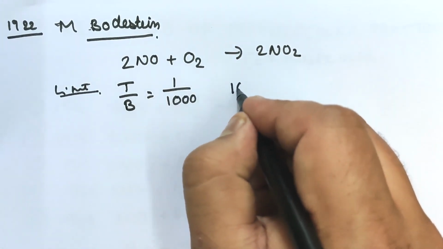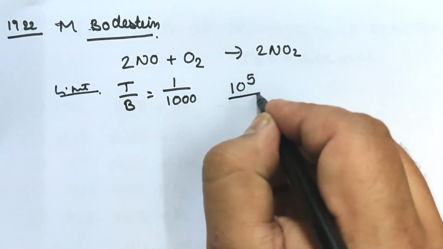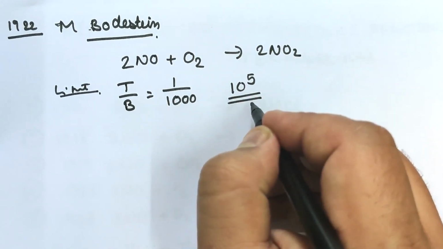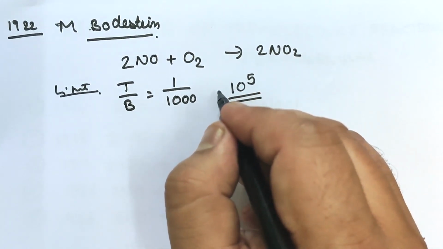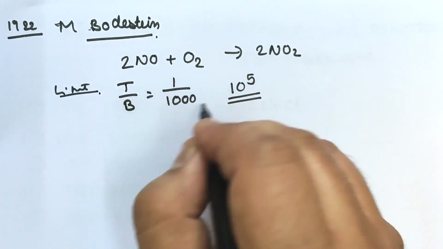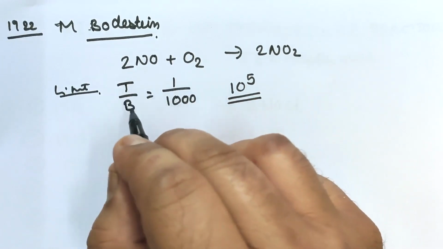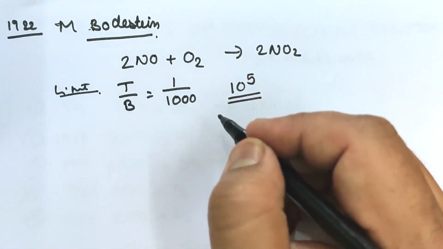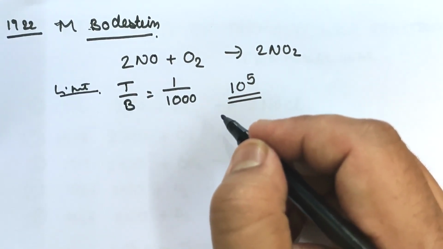That is, the frequency factor calculated was around 10 to the power 5 times larger than that obtained experimentally. So this value is also very large as compared to the actual observations, and hence this theory was also not acceptable.